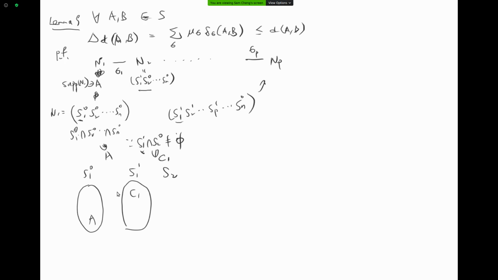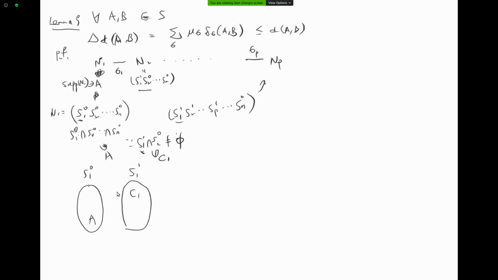Actually, let's look at S10 and S11 first. S10 contains A, right? And S11 contains C1 because the intersection of S11 and S20 contains C1. And also B. B is not in S10.